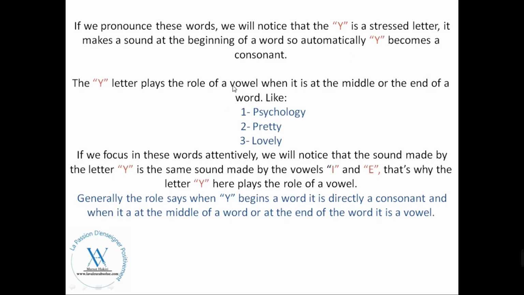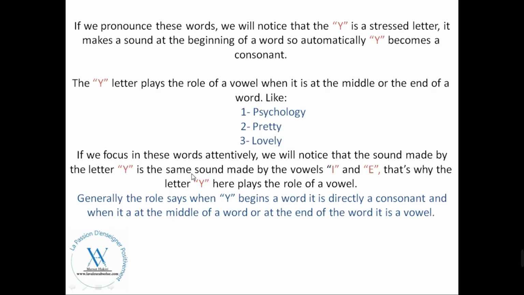So then we are going to the words pretty and lovely. In pretty and lovely, we remark that the Y makes the sound of an E. So E is a vowel. So Y here plays the role of a vowel too. Okay? I gave you here a brief summary for you to understand it clearly.